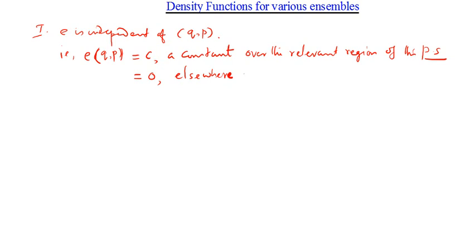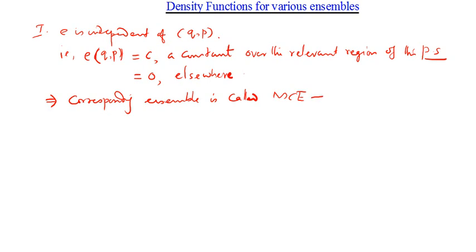Now such an ensemble, characterized by the density function rho equal to c in the relevant region and rho equal to 0 elsewhere, the corresponding ensemble is called the microcanonical ensemble. Why?